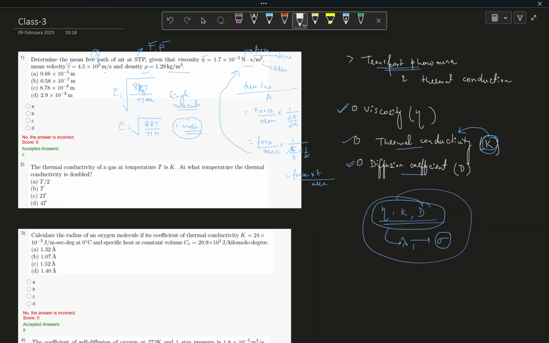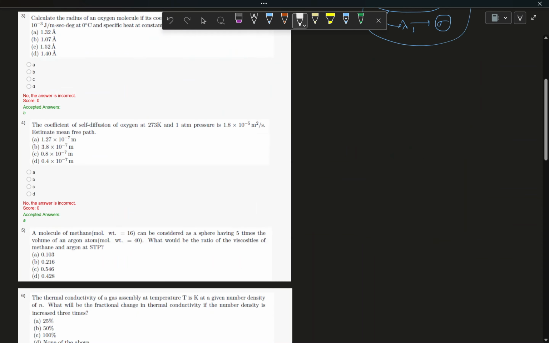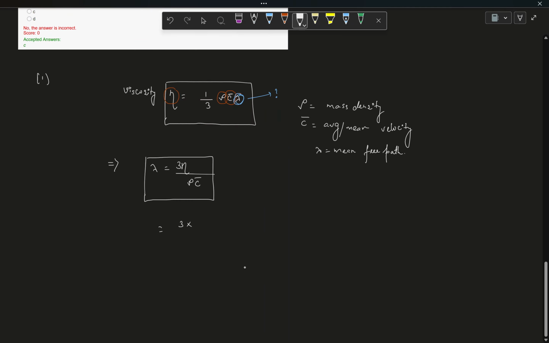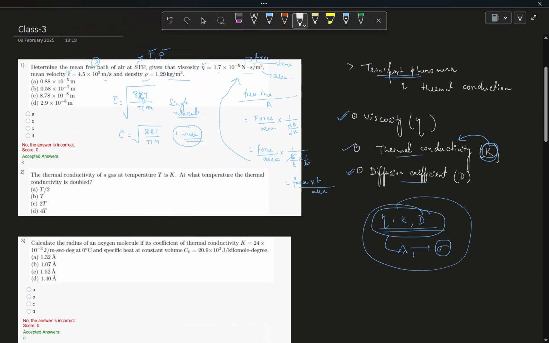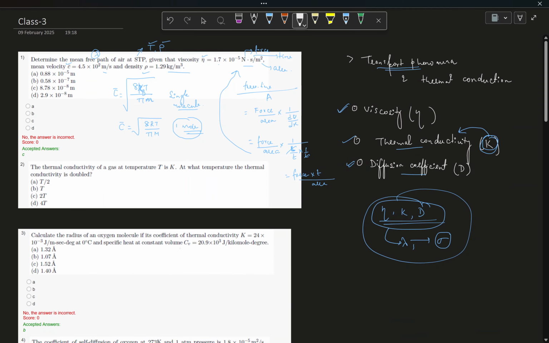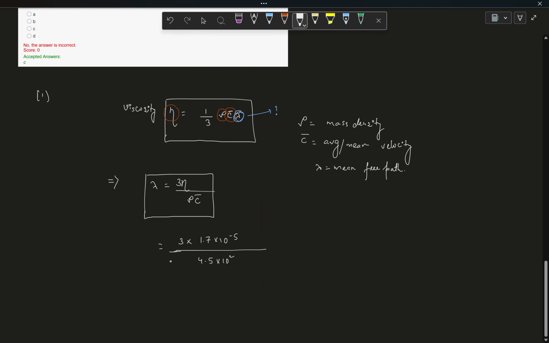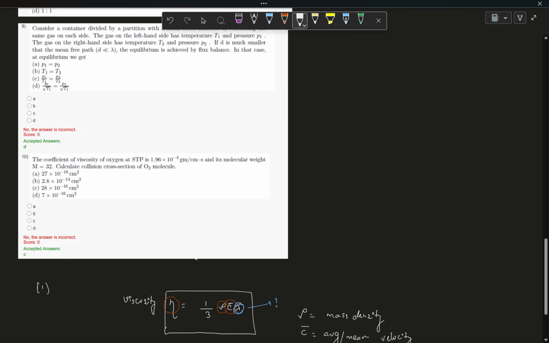So 1.7 into 10 to the power minus 5 is eta, 4.5 into 10 squared is the c bar term, and rho is 1.29. Let me just verify once that I have taken all the terms correctly.